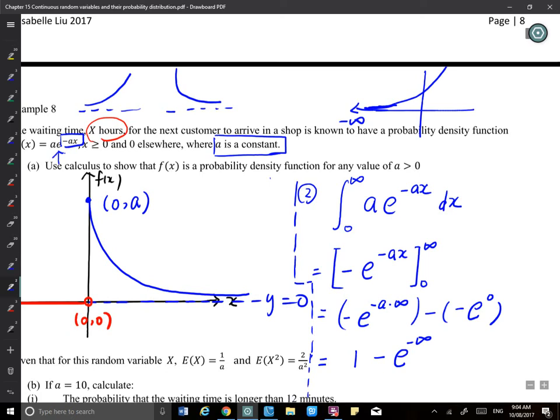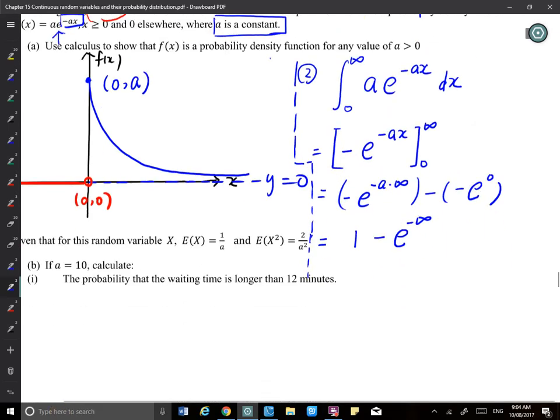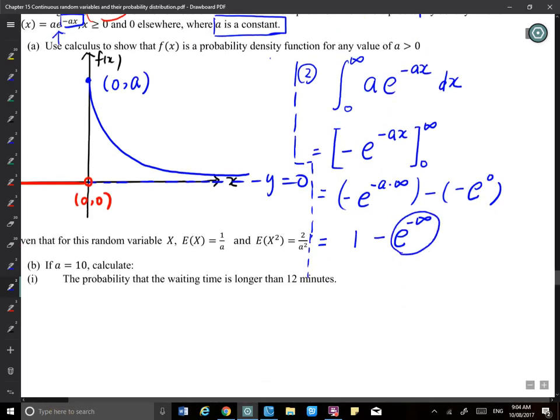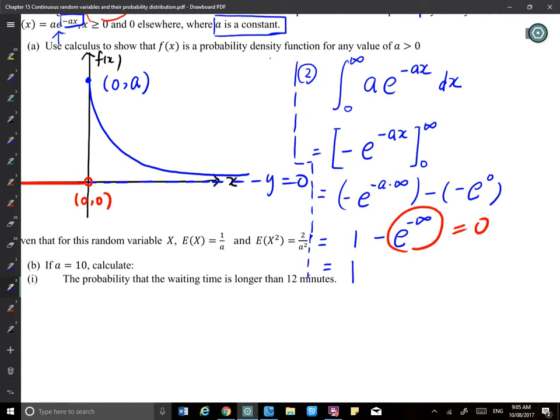So I will treat that as 0. So that thing will be treated as 0, and the area under the curve is just 1. What you need to know here is that is 0, and the area under the curve is exactly 1.